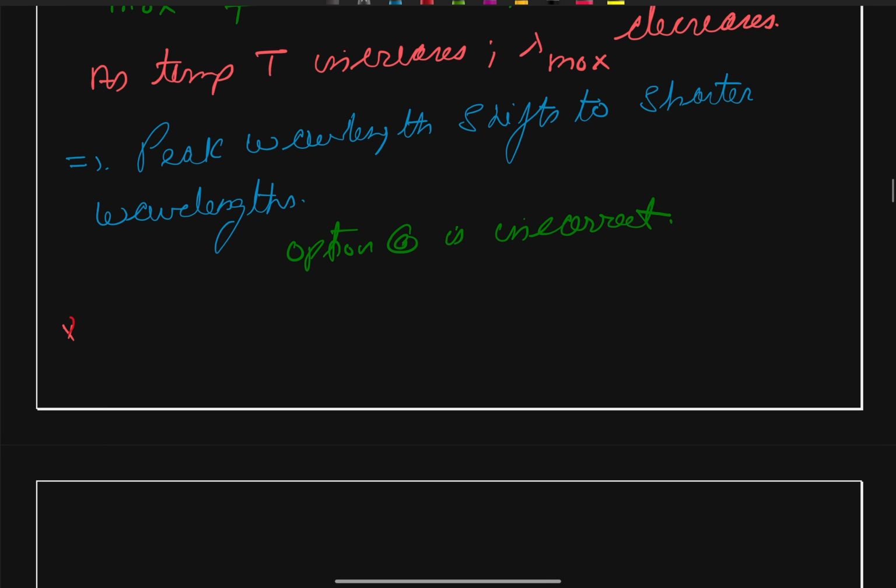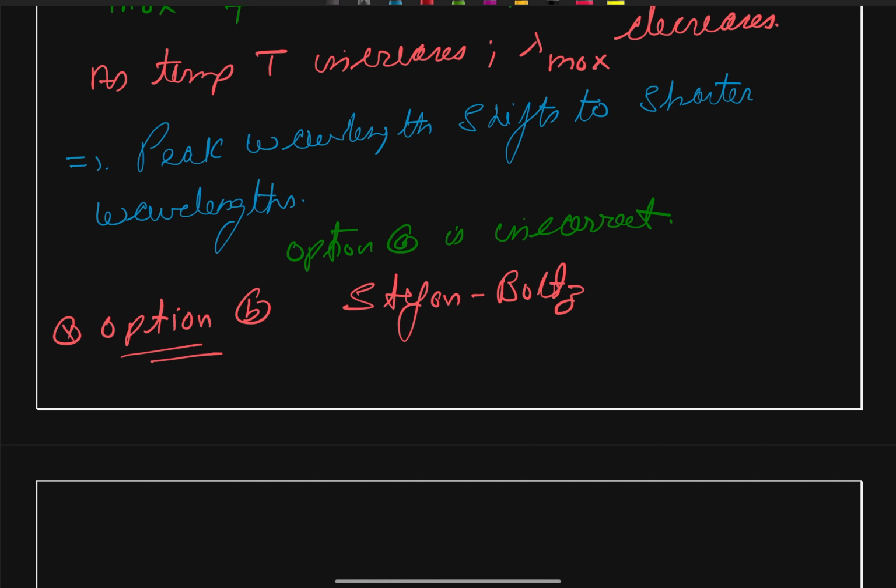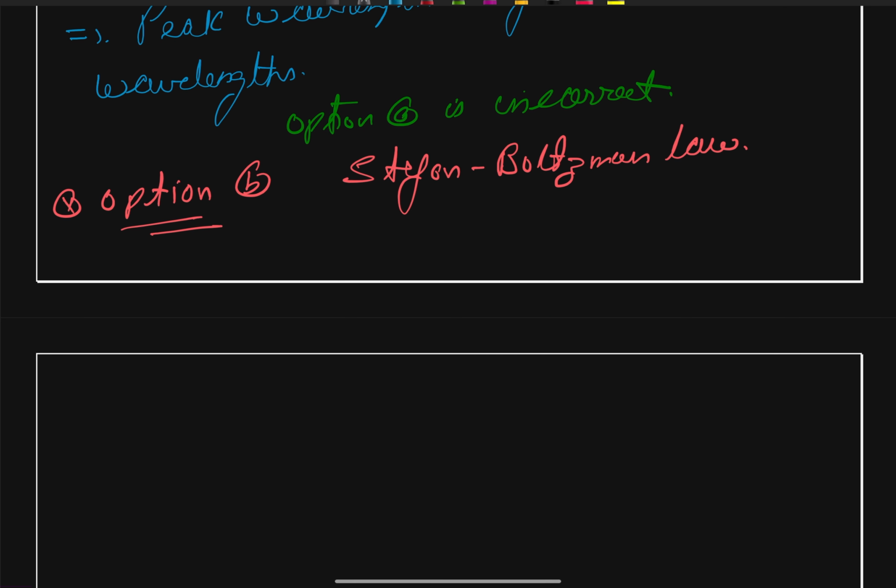So for option B we are going to use the Stefan Boltzmann law, and this law states that the power radiated, P net, is equal to sigma times area times the difference of temperatures, T raised to power 4 minus T0 raised to power 4.